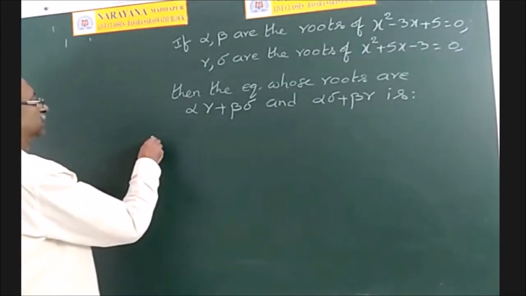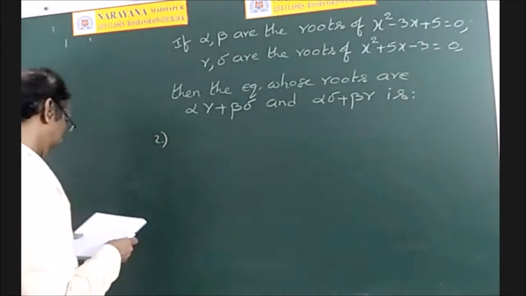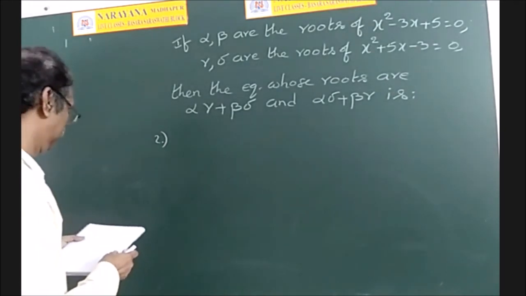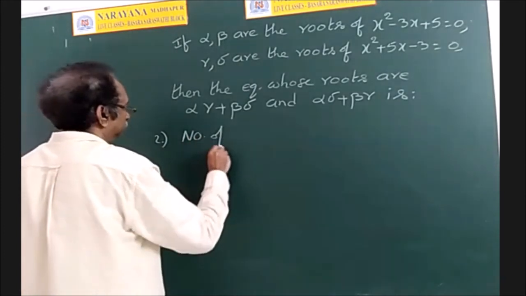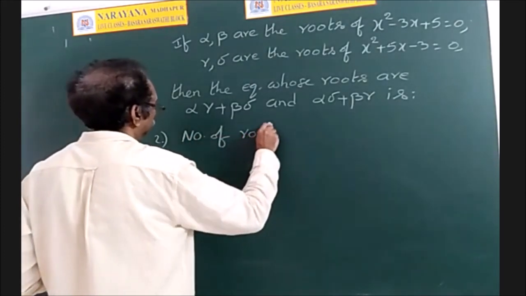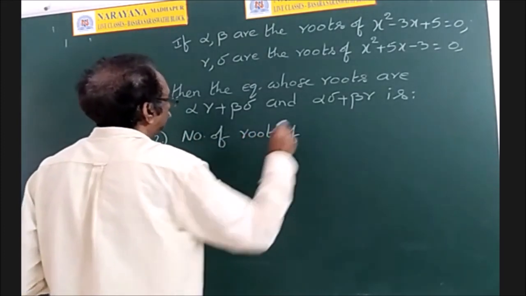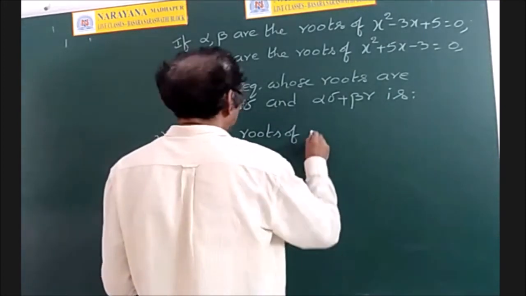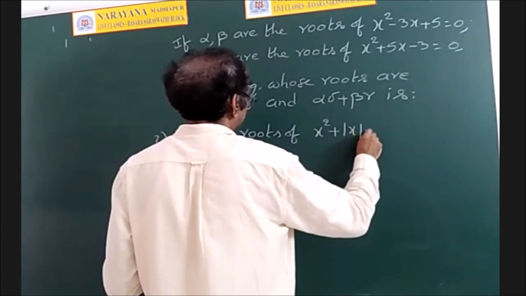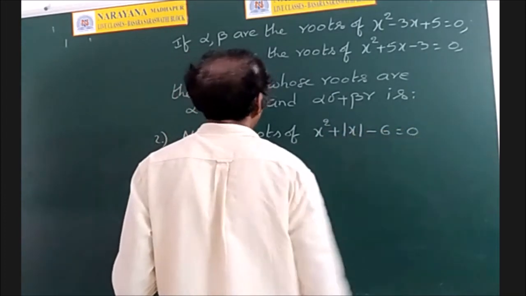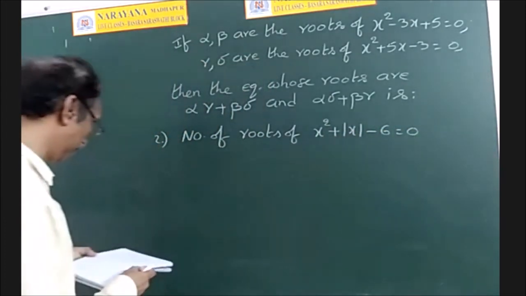Okay. And second one, number of roots of the equation x square plus mod x minus 6 is equal to 0. So how many roots are there?